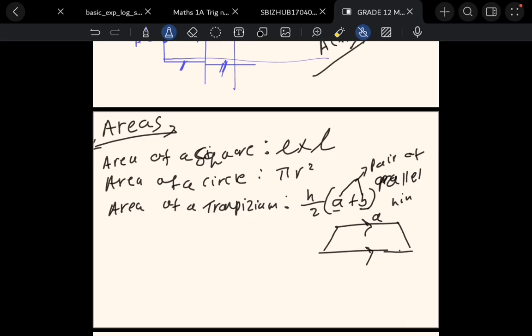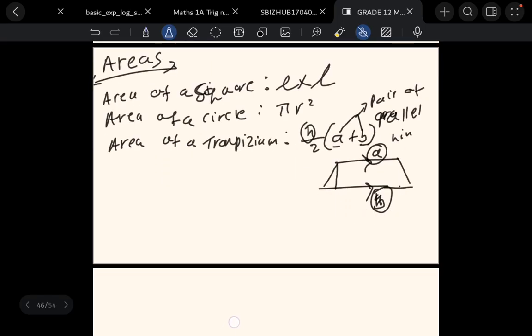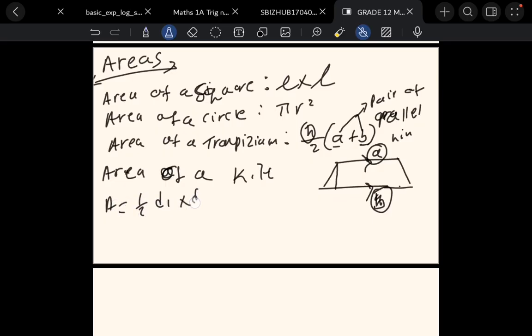This is going to be a, this is going to be b. You can say this is a, this is b, or the other way around, it does not matter. And this h is the perpendicular distance, right? So the area of a trapezium, and the area of a kite is going to be A equals 1 over 2 d1 times d2.